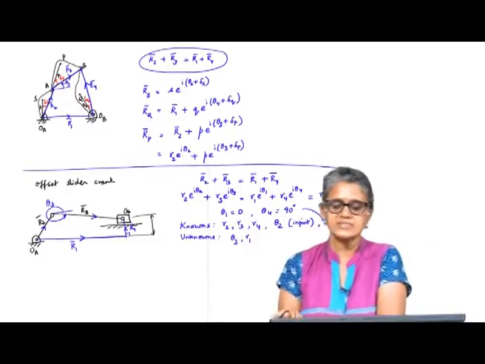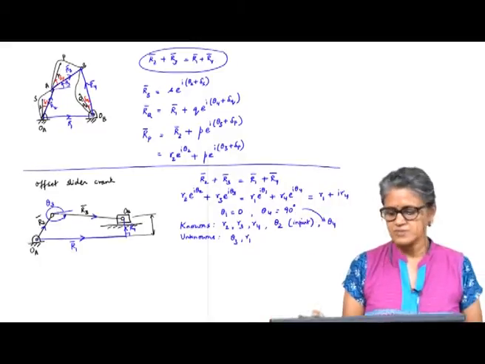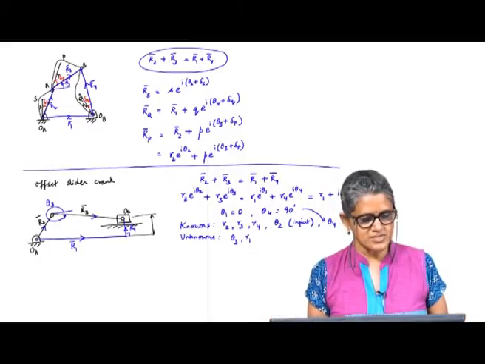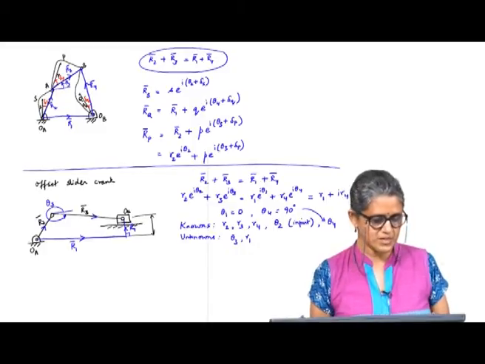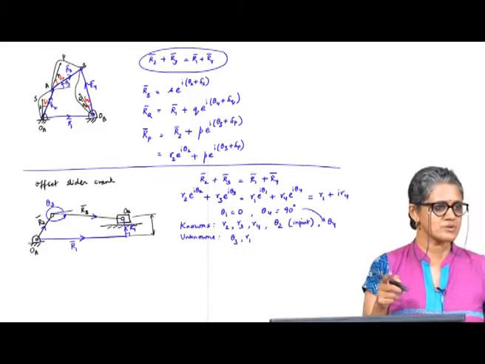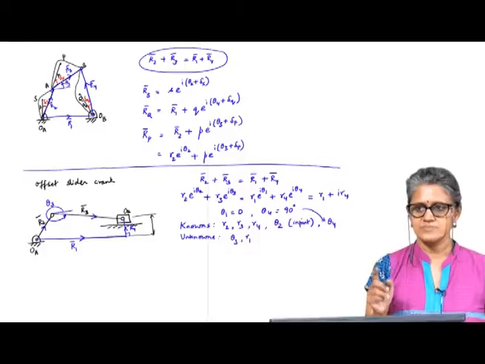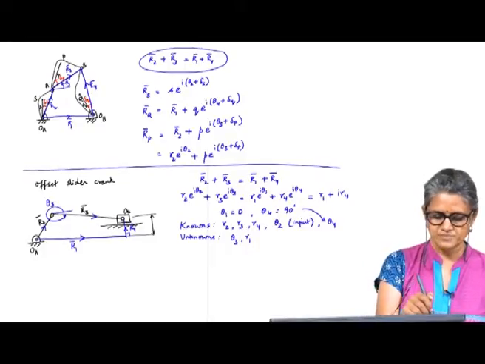So, for analytical synthesis you would use a form similar to Freudenstein's equation for the 4 bar. So, that is one of your tutorial problems. So, I will leave you to do that.